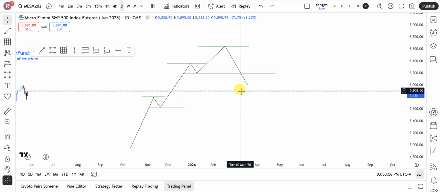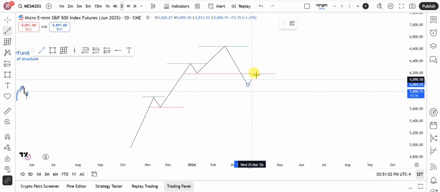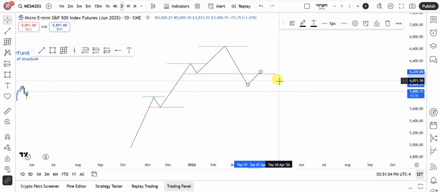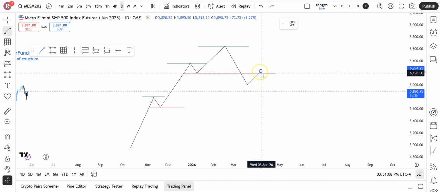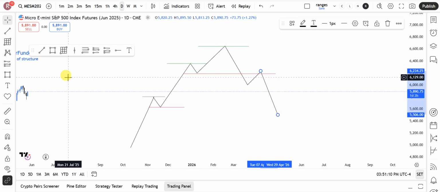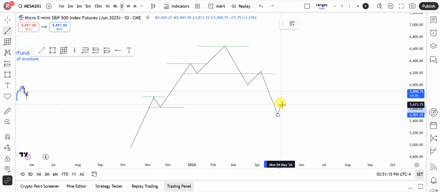Yes, we might have retractions. Let's do the opposite side. Right there, it might come up just a little bit and then continue lower. Then we might have another little retracement up here, and then it'll continue lower.